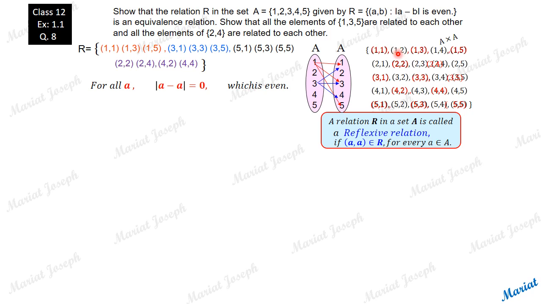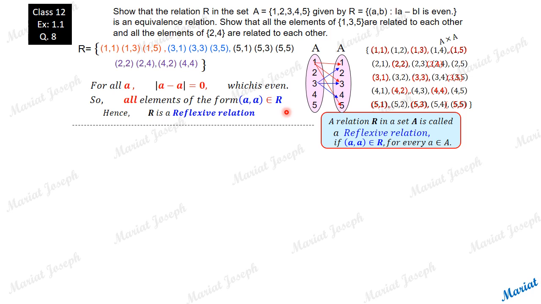Is every element related to itself? (1, 1), yes. (2, 2), yes, because 2 minus 2 is 0, which is even. In fact, for all a, modulus of a minus a will be 0, which is even. So all elements of the form (a, a) will belong to this relation. Hence, this relation is reflexive.